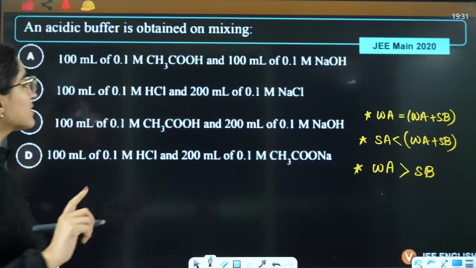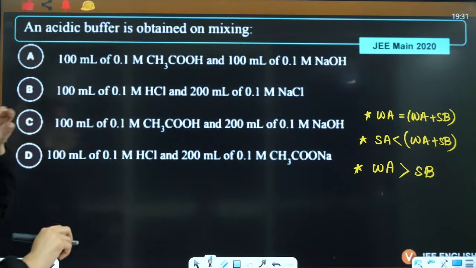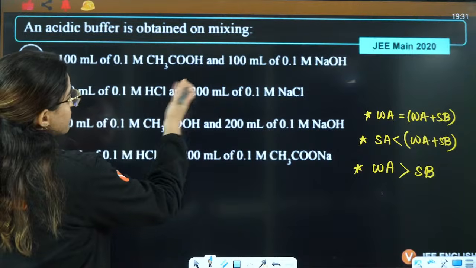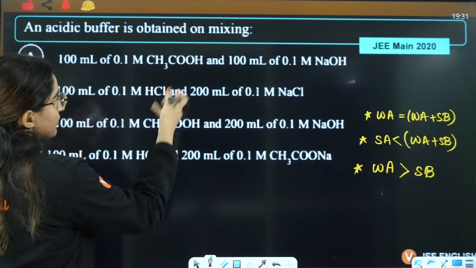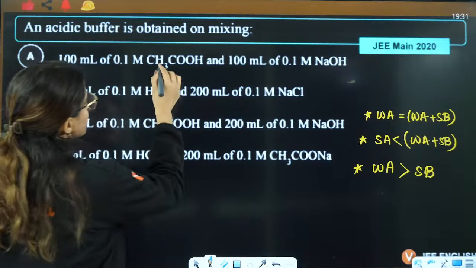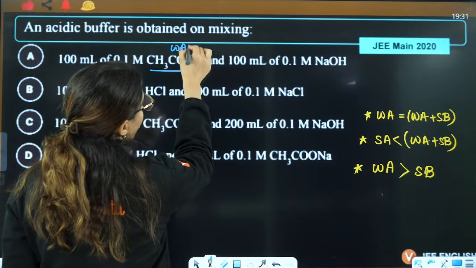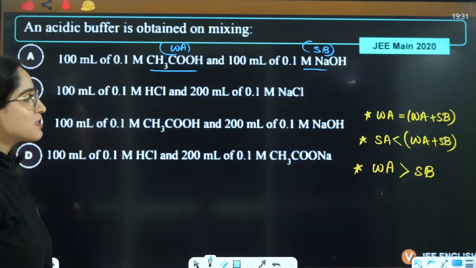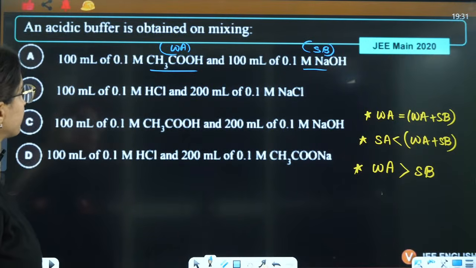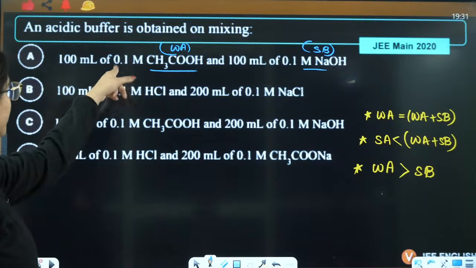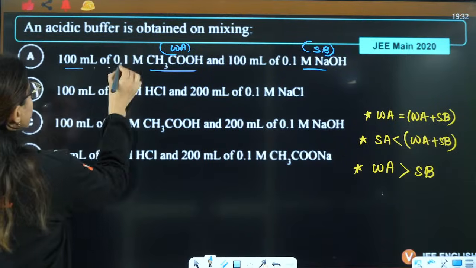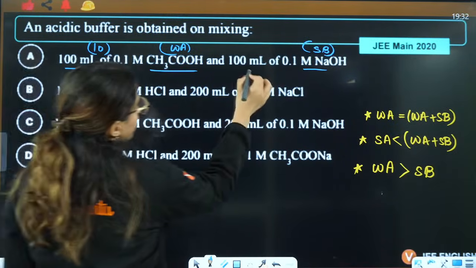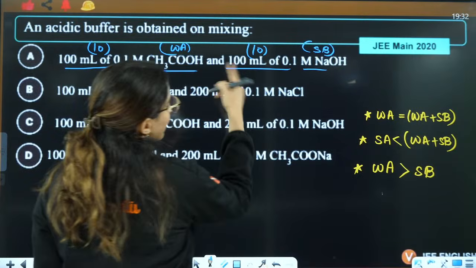Now if you apply these conditions here, let's first see whether these conditions are applied or not. This is a weak acid and this is a strong base. Weak acid and strong base, it is possible if the number of moles of weak acid is more, right? Here the number of millimoles is 10, here the number of millimoles is 10, so they are equal.